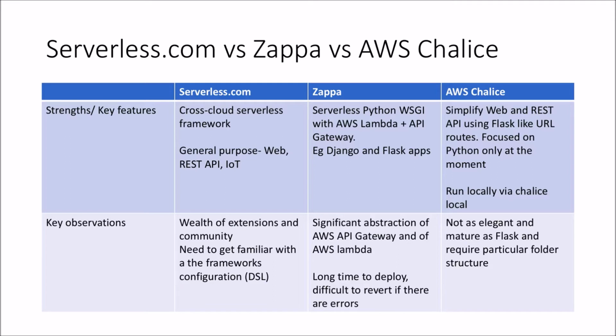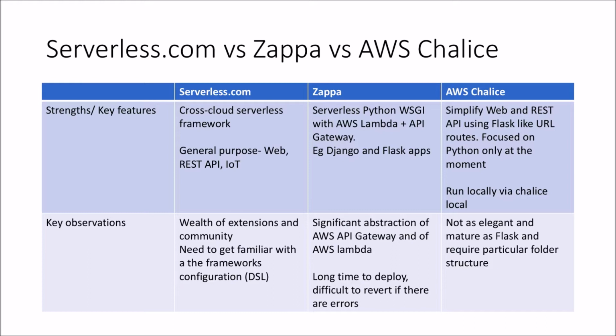However, it can also be challenging because a lot of what serverless does is it tries to abstract things away using the framework's configuration. It's like a domain-specific language, or a DSL, and if you've worked with other systems like Terraform and Ansible, there are a lot of parallels between how they've defined their DSLs and other popular provisioning and configuration management tools. So that's one of the key challenges. But once you start using it, you'll find that you'll be right at home. To begin with, though, it can be a little challenging.